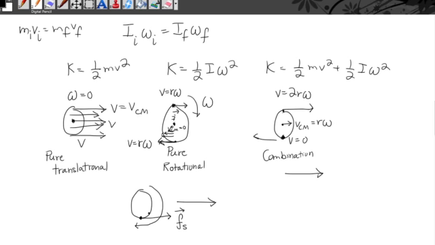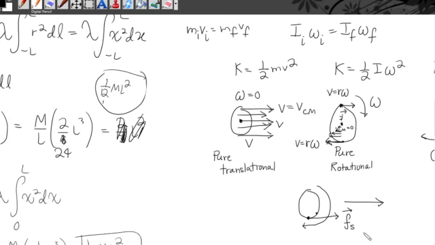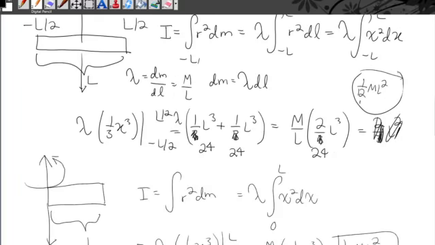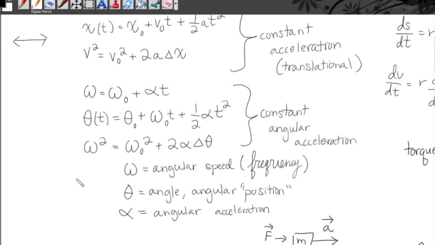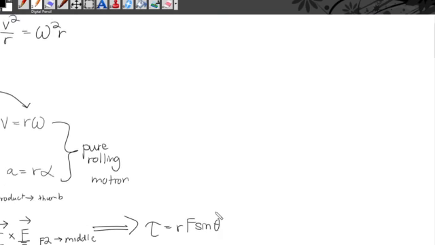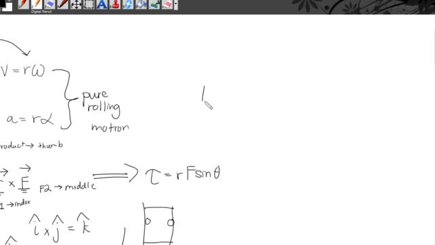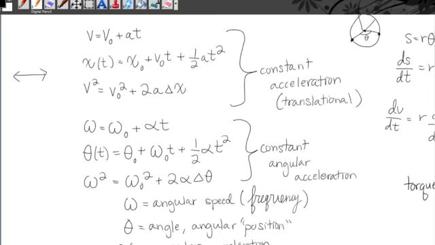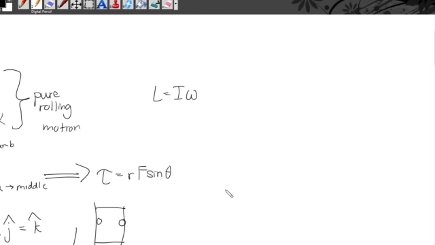And yeah, so those are pretty much the basics of rotational motion: torque, moment of inertia, and I briefly talked about angular momentum, which is this. Oh, and also you can find a formula for work.